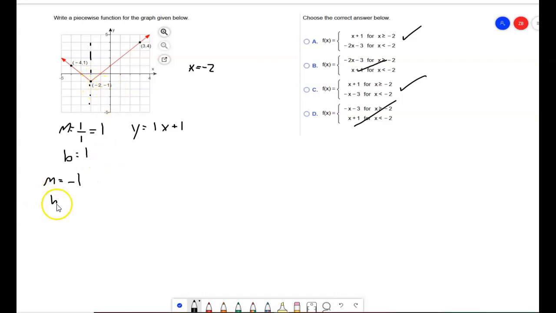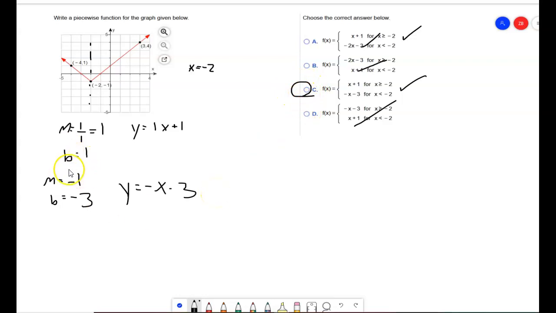So I'm going to guess -3, which gives me, when x is less than -2, y is equal to -x minus 3. And that one's definitely it. The other one has completely the wrong slope there. So this is the one I am going with, and that is my answer.